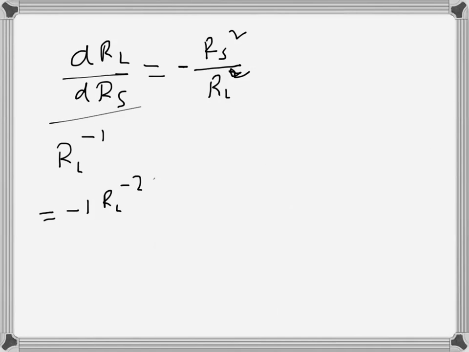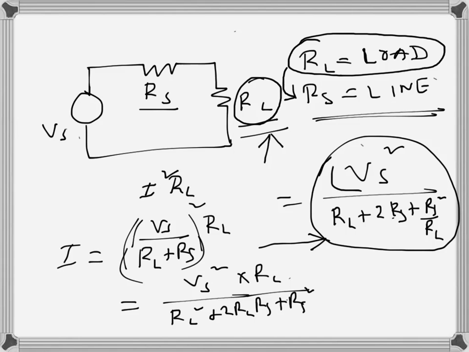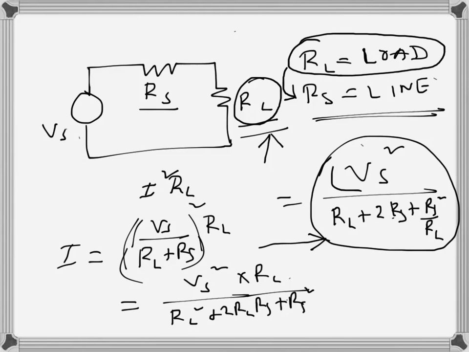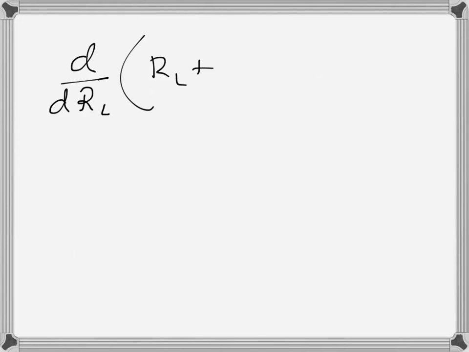What we can do here is differentiate. In terms of load resistance, we differentiate this part, RL plus 2RS plus RS squared over RL, and equate it to 0 to find the minimum value.